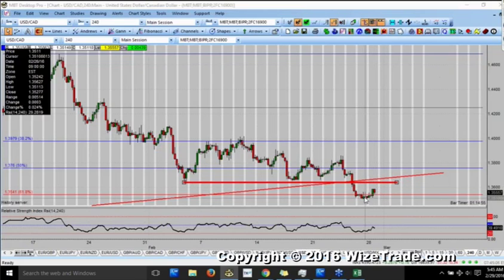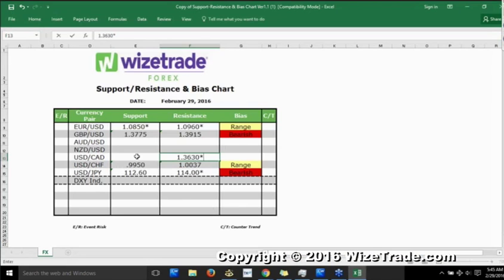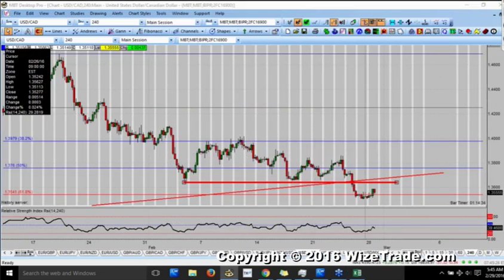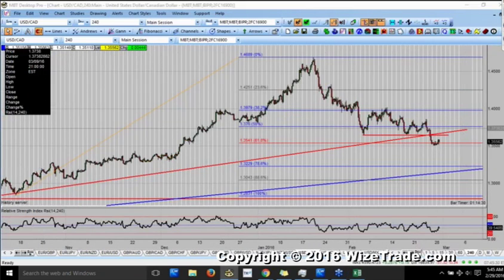Obviously, the lows down here at 135 are going to be support, and if we break through 135, it'll start our move down towards the 131 level, which I think we're going. So in my opinion, we are in a bearish trend. We went from a very bullish trend.